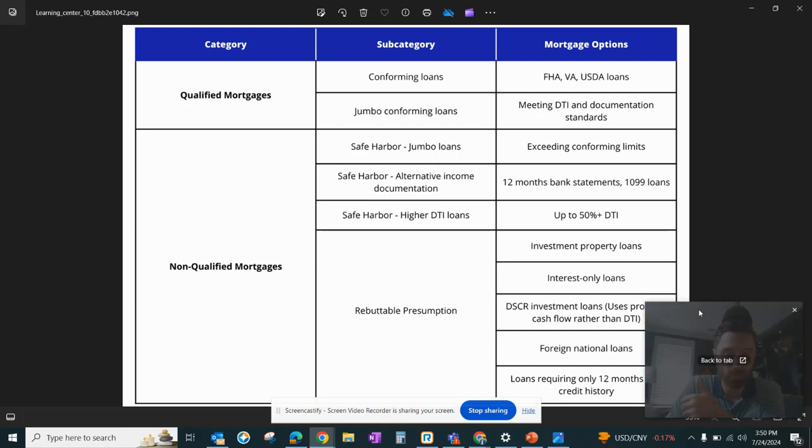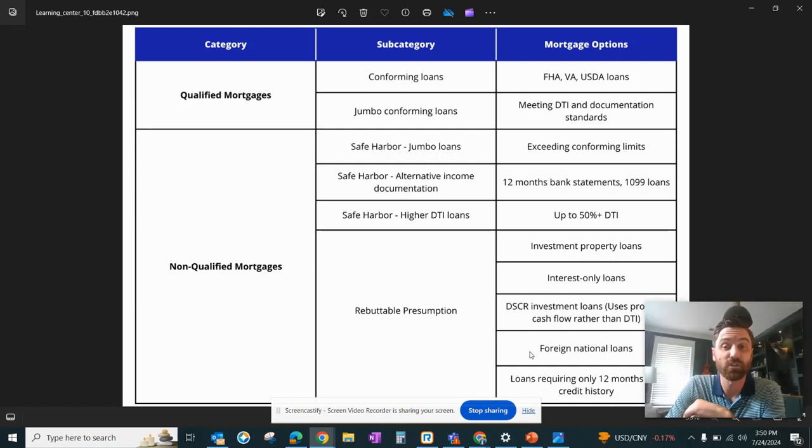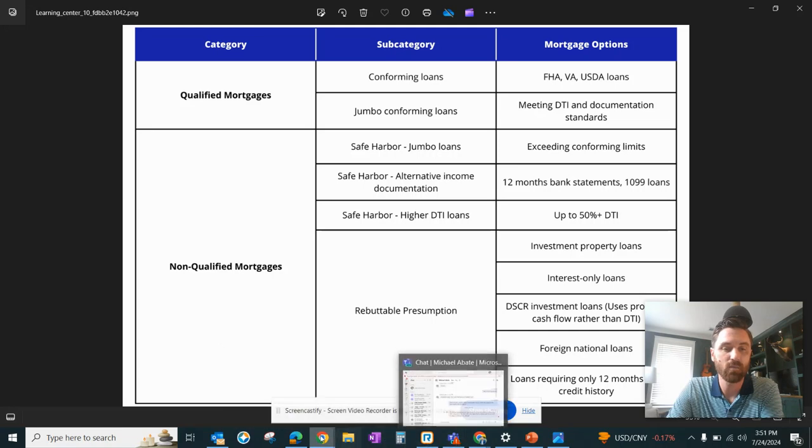We can do non-warrantable condos, foreign national loans. There's a lot of options here. So anything unique, it's going to be non-QM, and we have access to that. But again, 9 times out of 10, we're going to be up here in this conforming loan, which leads me into the next slide.